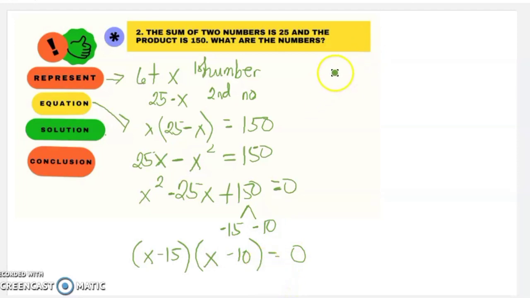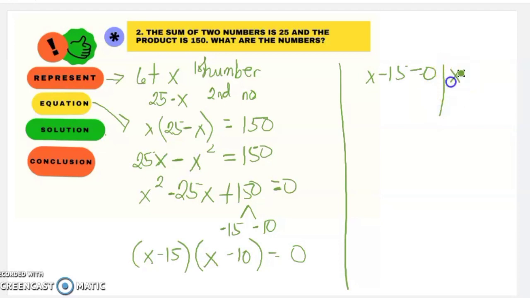Okay. So, to simplify it, so x minus 15 equals 0. The other one is x minus 10 equals 0. So, x is equal to positive 15 and x is equal to positive 10.